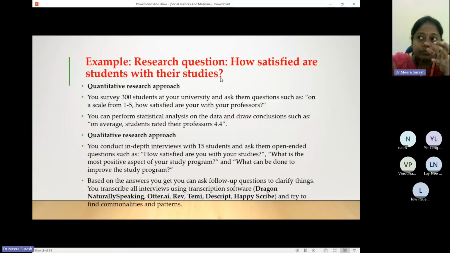If you know someone who has done a qualitative study for their PhD, they will have pages and pages of transcripts, a lot, even if it is one person. So you don't go for a very large number of in-depth interviews. Even for focus group discussions, you do only 2 or 3 or 4 or 5, not more than that.